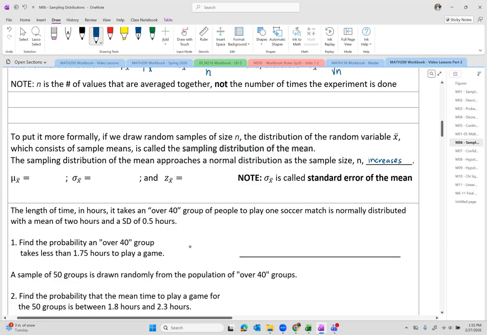The mean of the distribution of the sample means is the mean of the variable. The standard deviation of the sample means is the standard deviation of the variable divided by the square root of n, with n being the sample size. I'm going to highlight that here.